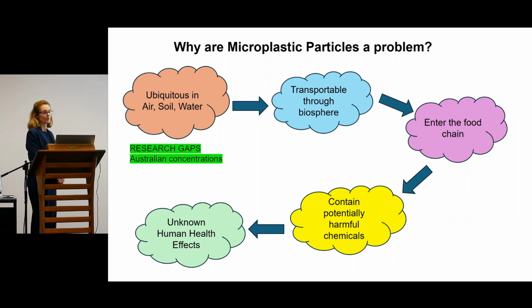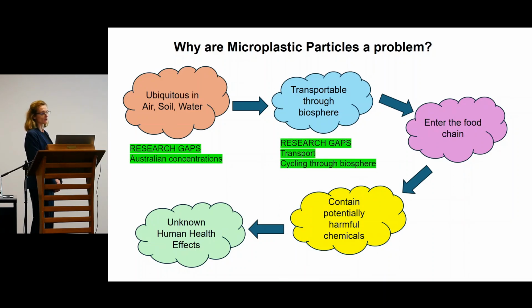Hence, we have considerable research gaps in terms of Australian concentrations. We have an understanding that they can be transported long distances. How far, in terms of the air, for example, we don't know. Still, lots of research needs to be done in this area.